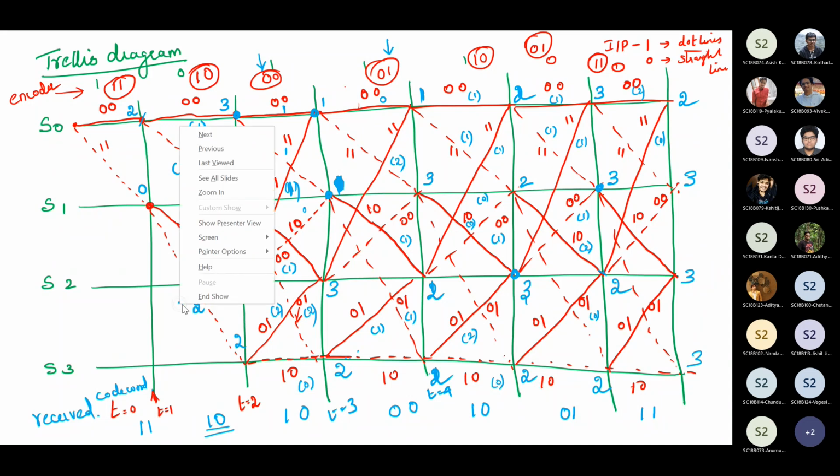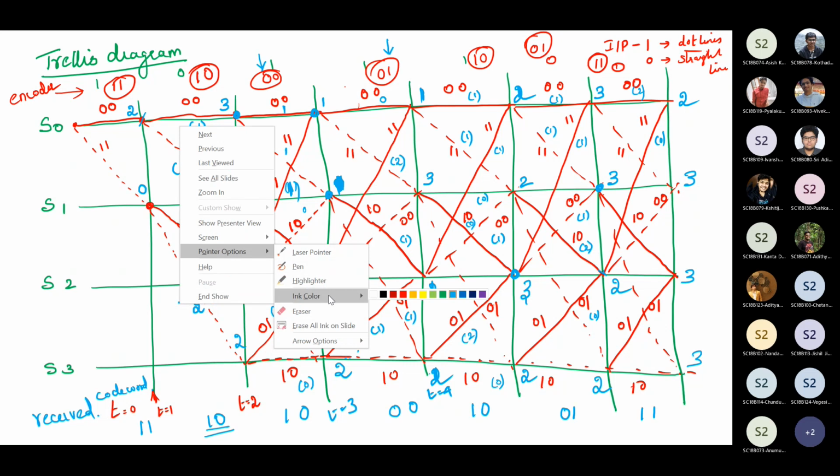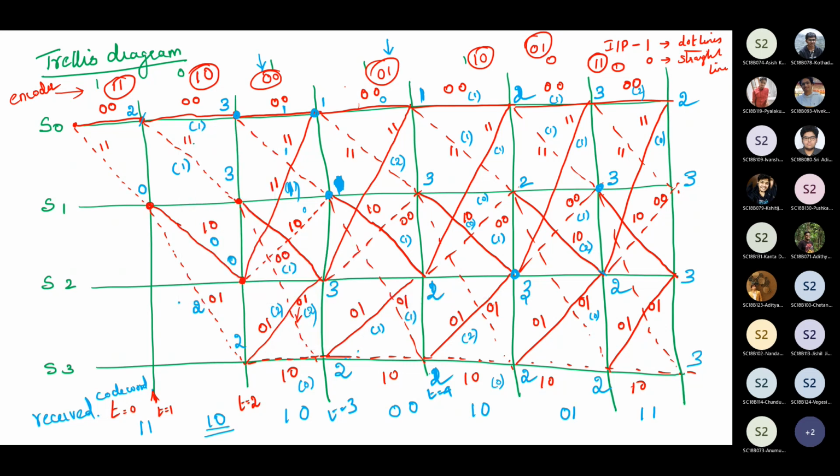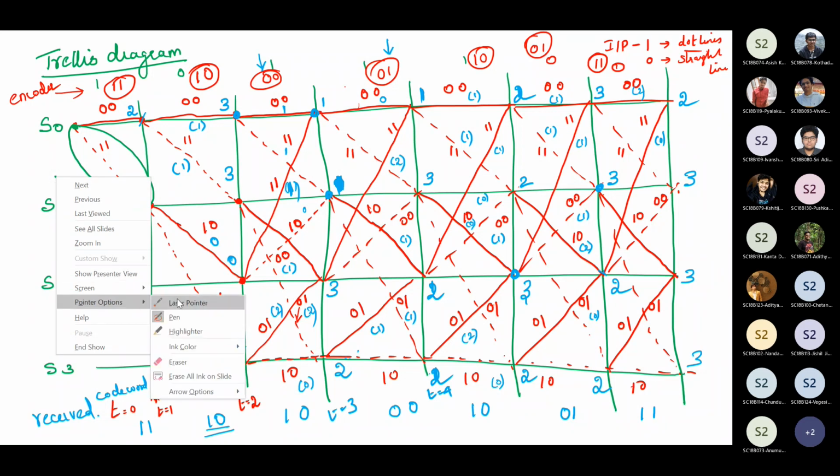Next, how to do the decoding. So let me take green. So starting with the S0. Okay. So from here, if you compare, which is the minimum distance you see. So minimum distance here is 0. Between these two nodes, we are trying to see the minimum distance.